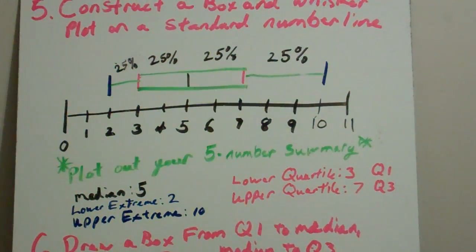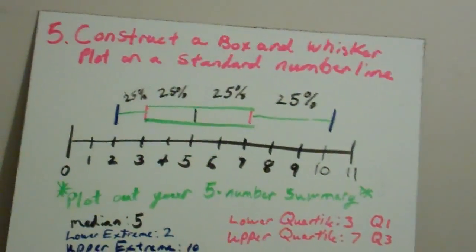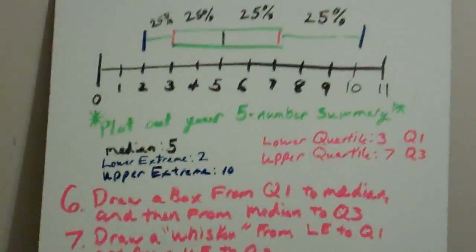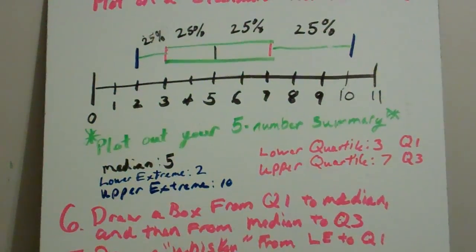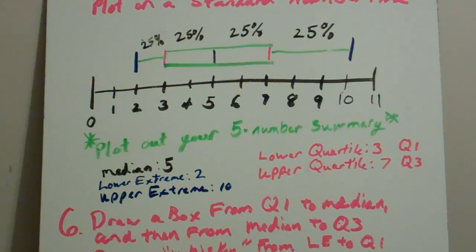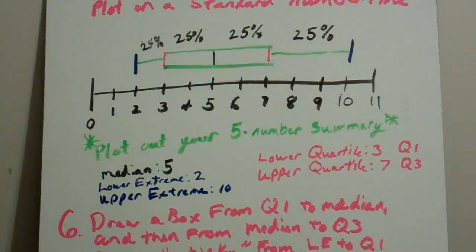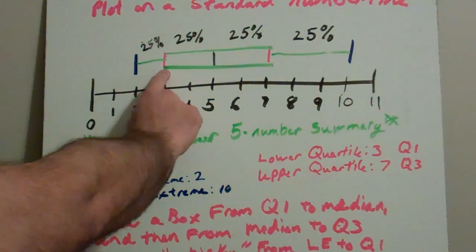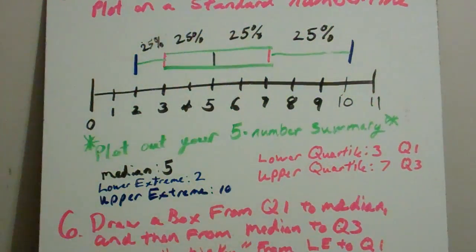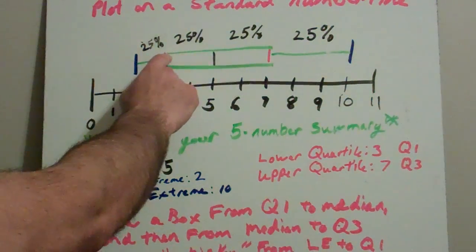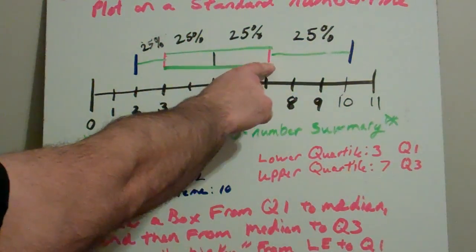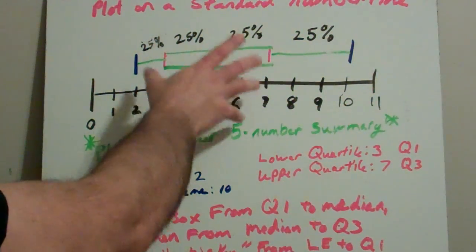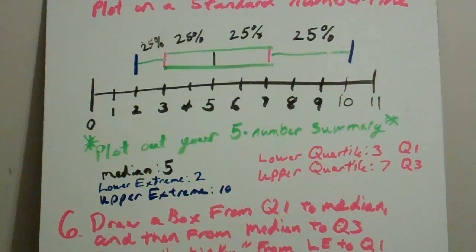So our next step, step 6, is to draw a box from quartile 1 to the median. So we're going to take our green marker and draw the box there, from quartile 1 to the median, and then from quartile 3 to the median. Okay, so we've created the box first.